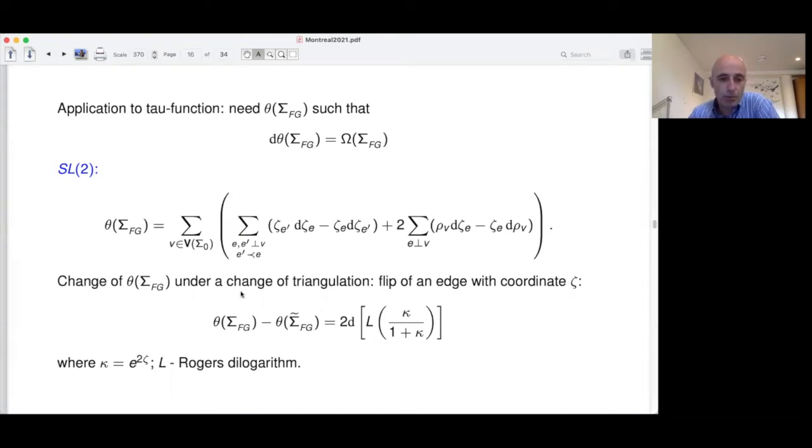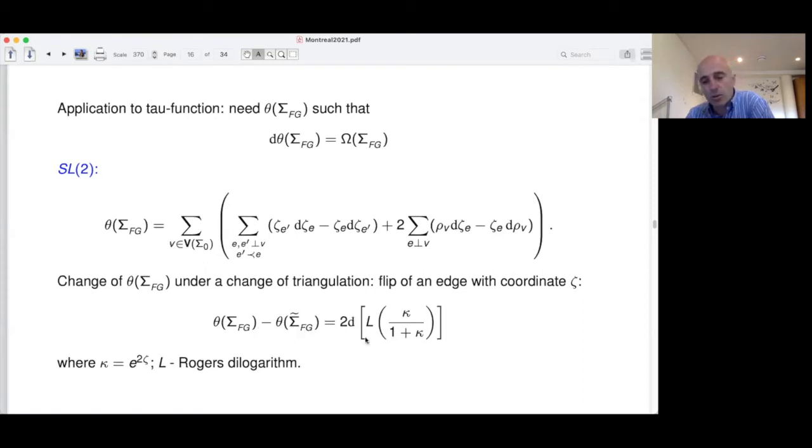For example, if you start covering your character variety by the cells corresponding to different triangulations, and you ask yourself, so you flip an edge and go from one triangulation to the other, how does this symplectic potential change?